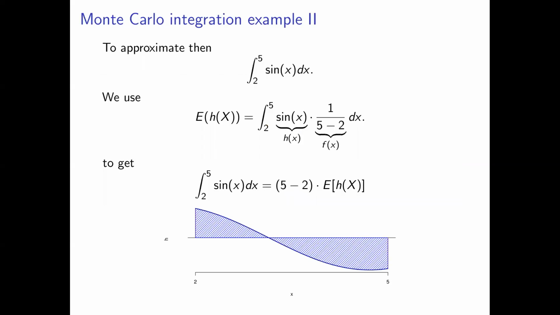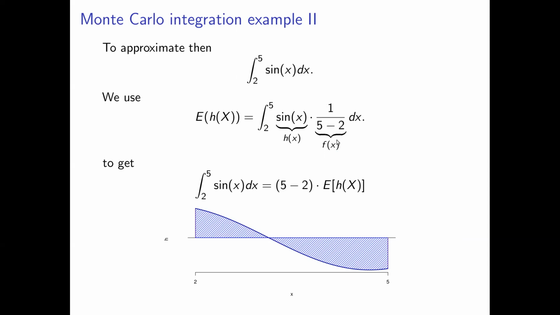Another example, another interval. We look at the sine of x. We look at the integration of this sine function between 2 and 5. Here now we do not have the standard interval just between 0 and 1. Therefore, we can see for the first time now how the distribution of the values x is coming into this Monte Carlo integration here.